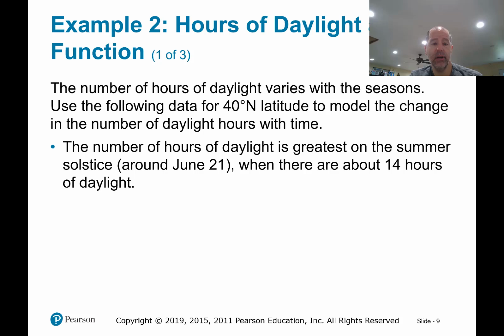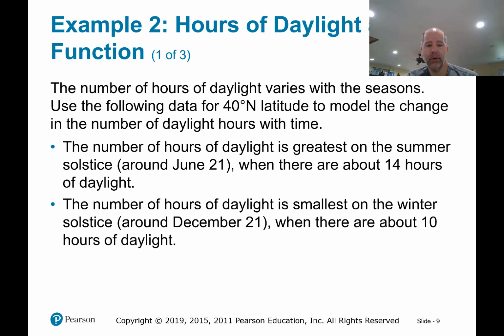So first, the number of hours of daylight is greatest on the summer solstice around June 21st, when there are about 14 hours of daylight. The number of hours of daylight is smallest during the winter solstice around December 21st, when there are about 10 hours of daylight. And then we have the two equinoxes.